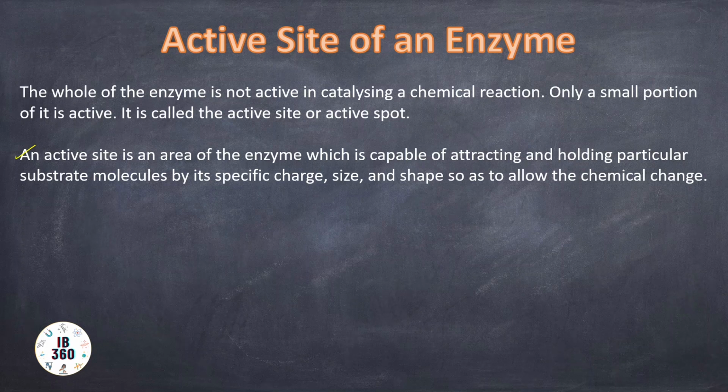Okay, so if this is the entire enzyme, only this V-shaped portion is the active part. This portion is the active site, and this active site has got its own shape, size, and charge, and that allows the chemical change to happen, that allows the substrate to fit in.